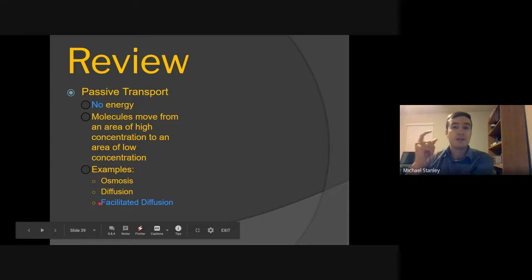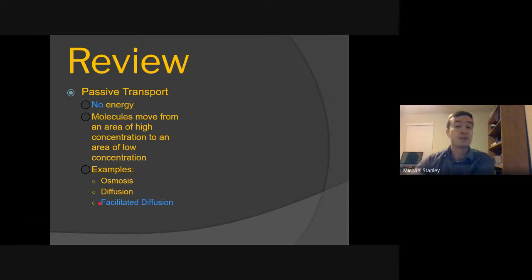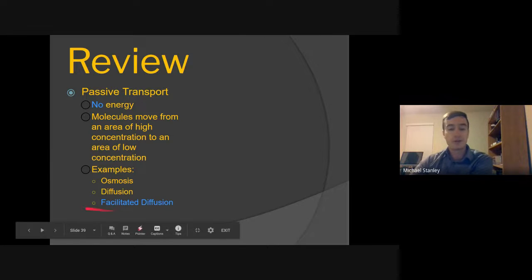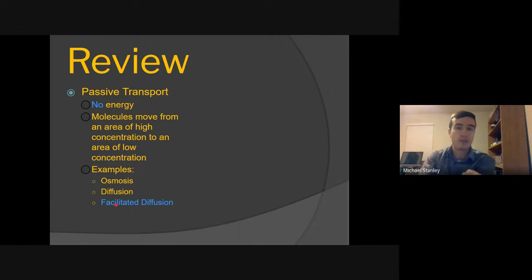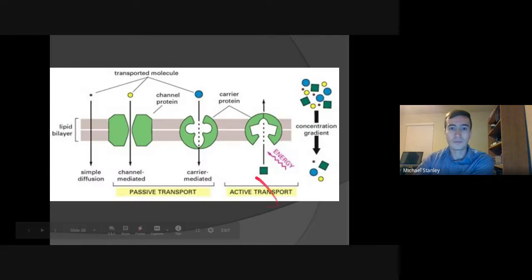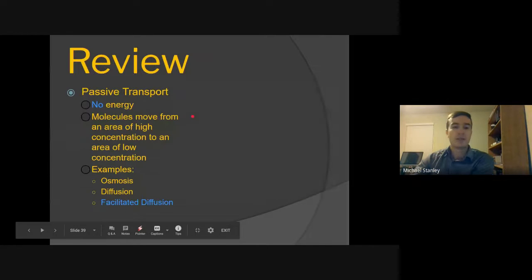And if a transport protein is helping with the process, if we're going across a membrane using a transport protein, it's called facilitated diffusion. So either a channel protein or a carrier protein like these guys can be used for facilitated diffusion, things naturally moving from high to low.